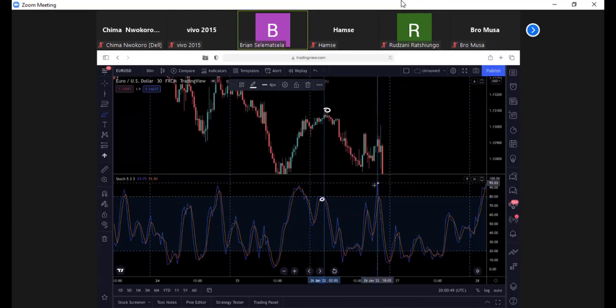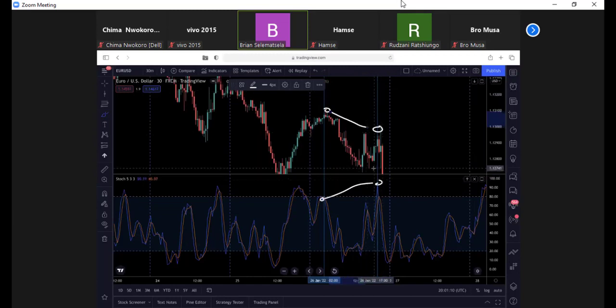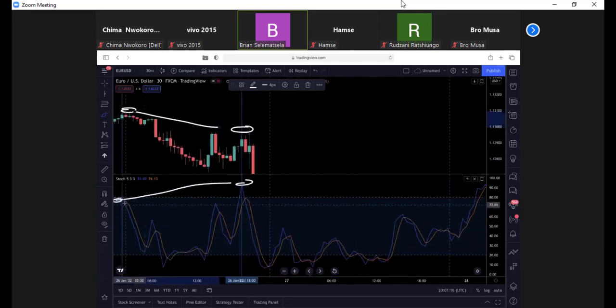When the market was there, the stochastic was there. And here's another scenario where both of the points on the stochastic touched the overbought line. Now, as long as the second point touched the overbought or oversold, we don't really care much about the first point.